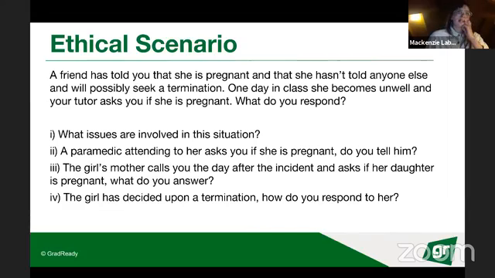Then you think about the tutor, and you ask why the tutor is asking if she's pregnant. Without more context, that seems extremely strange, and that might raise an issue there. If it is relevant to the medical case, then you have the issue of what you should say to the tutor.